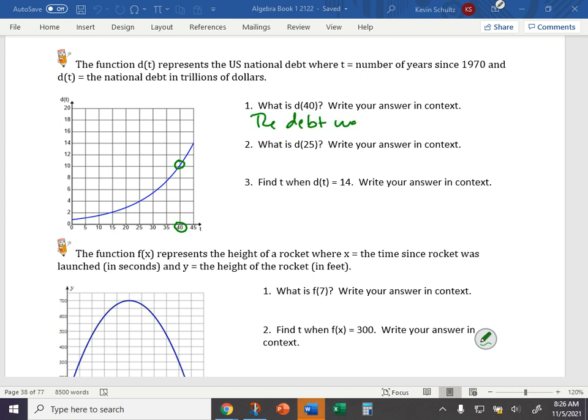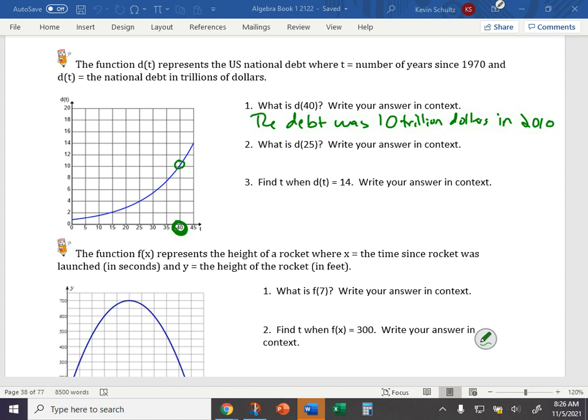The debt was $10 trillion, and you can write out the number 10 trillion or just use the word, in 2010. Where does 2010 come from? Because 40 years after 1970 is 2010, right? So in context means what does this data mean? What are we talking about here? That's what I want you to do.